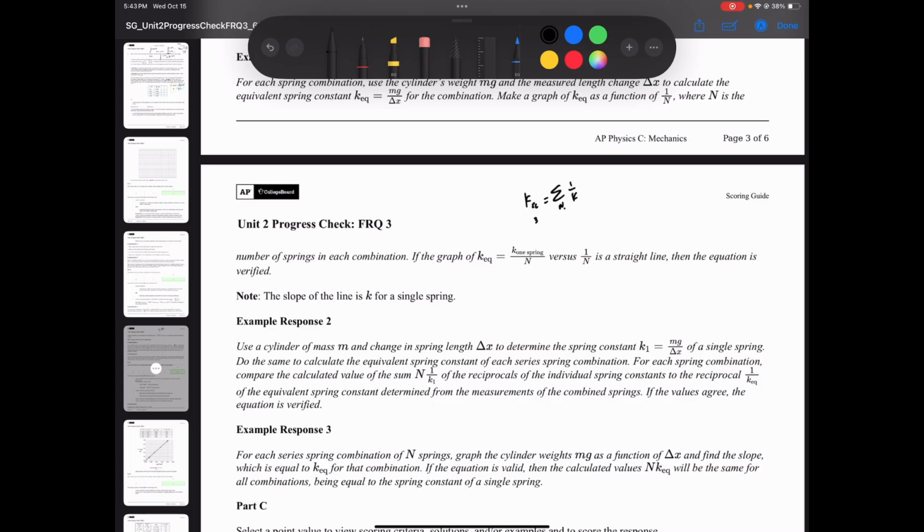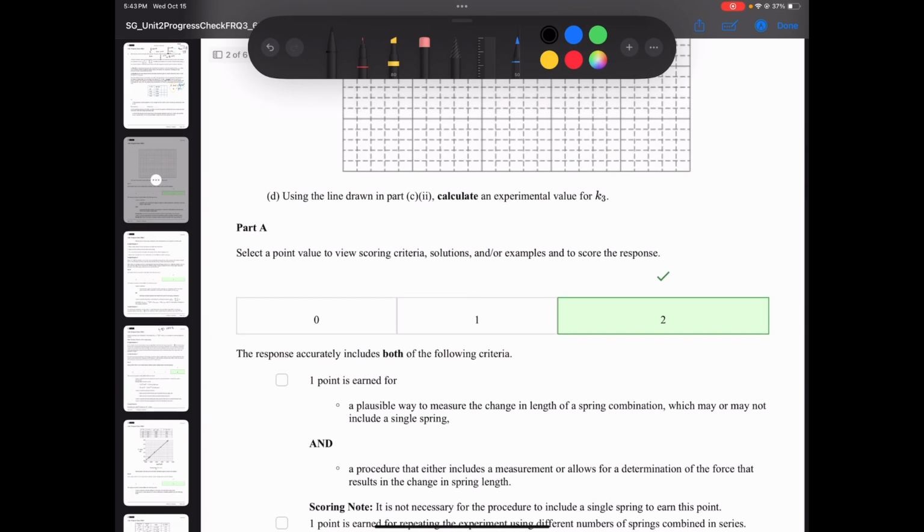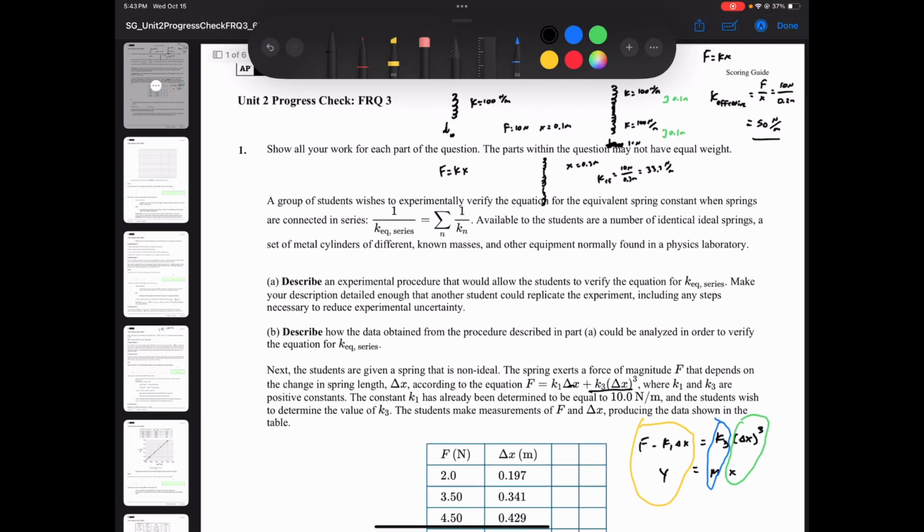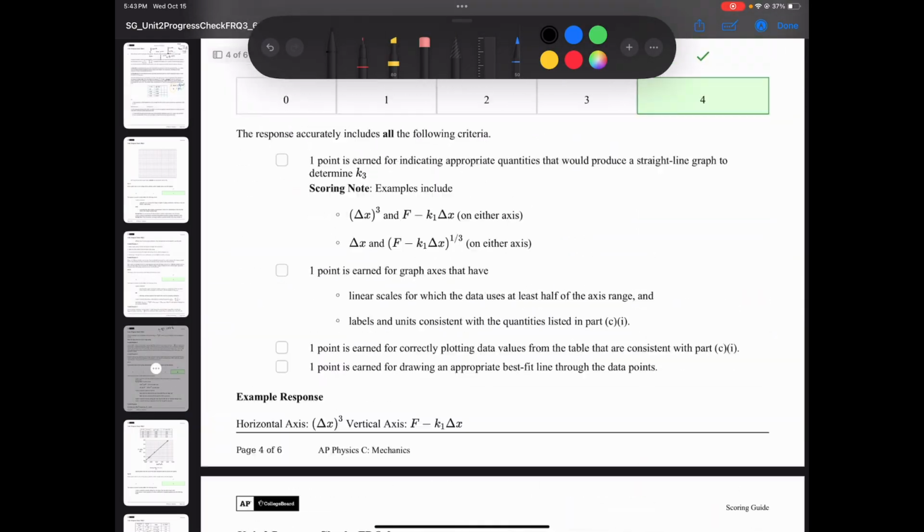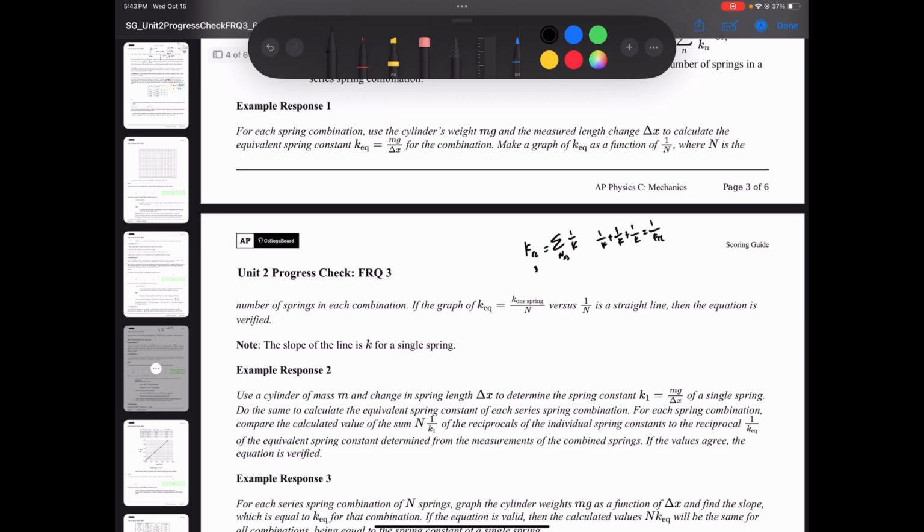If I have 3 springs, I'm going to do it for n equals 3. Then I have 1 over K plus 1 over K plus 1 over K, and that equals 1 over the equivalent spring constant. And let's say they're all 100, which we did here in this example. Say I had 3 springs in series. Let's see how that comes out. So you'd have 1 over 100 plus 1 over 100 plus 1 over 100.